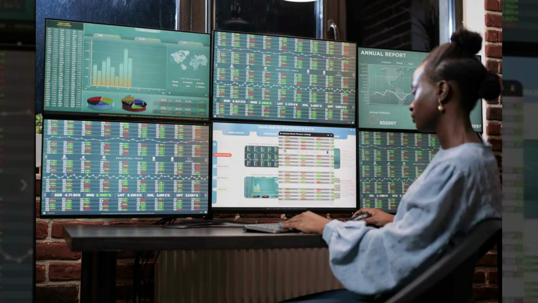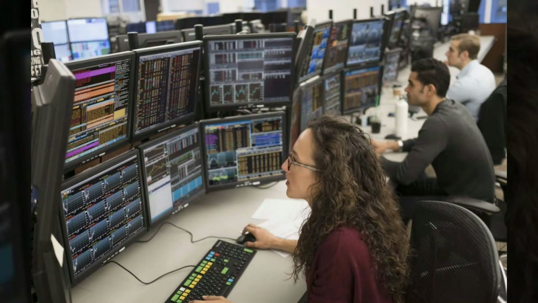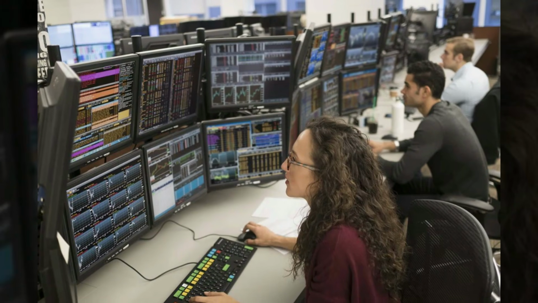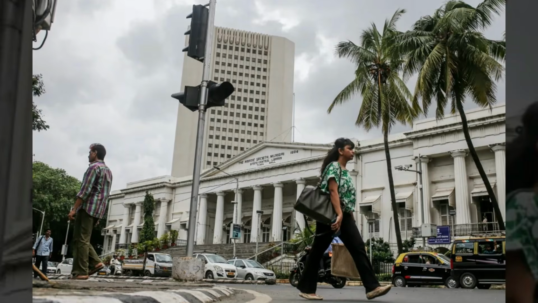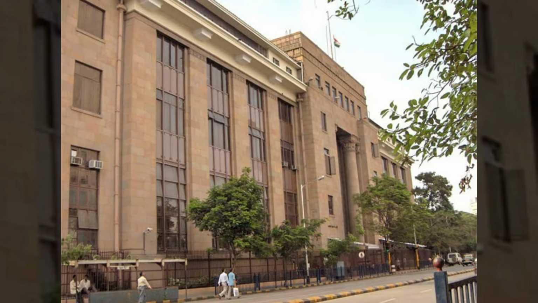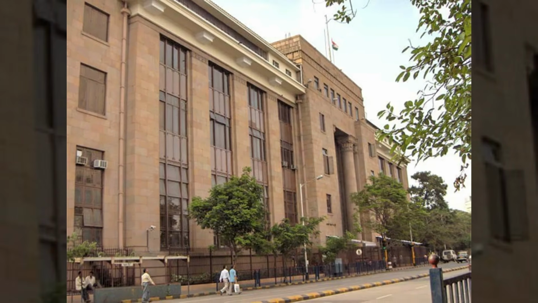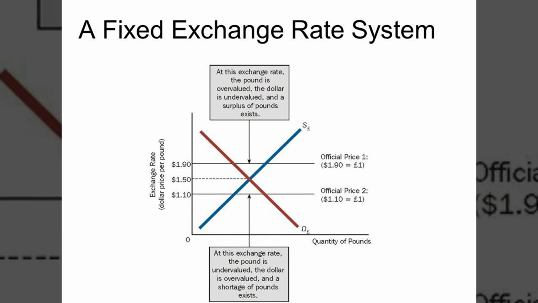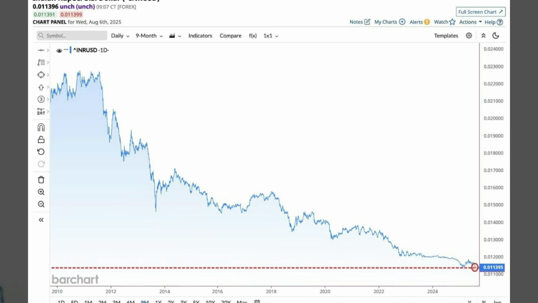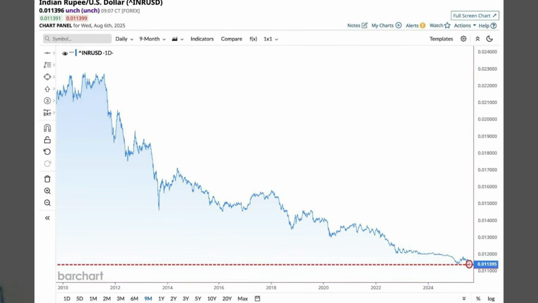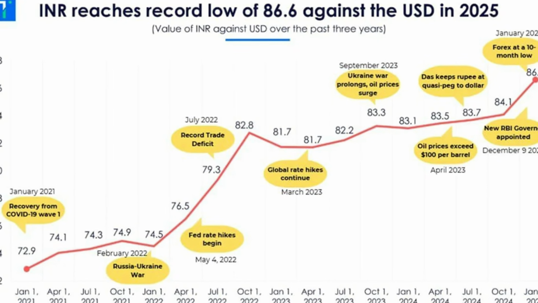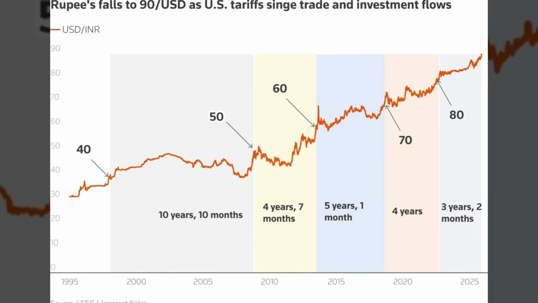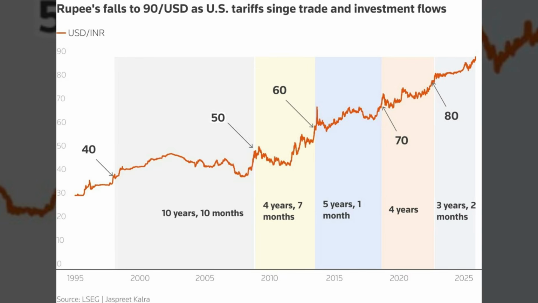However, analysts such as Dhiraj Nim of ANZ have indicated that while near-term stability is possible, the fundamental pressures remain unchanged. The currency's trajectory will continue to depend on external factors, particularly energy prices and capital flows. One possible scenario is that the policy achieves its intended effect of reducing speculative pressure and stabilizing the rupee within a narrower range.